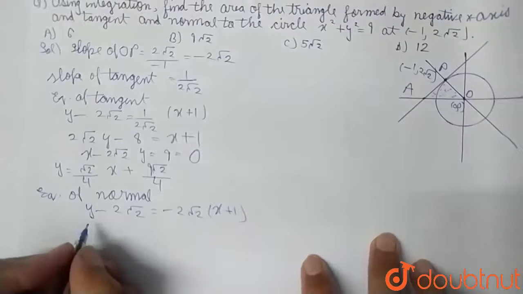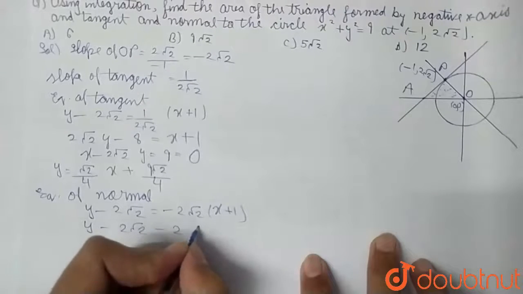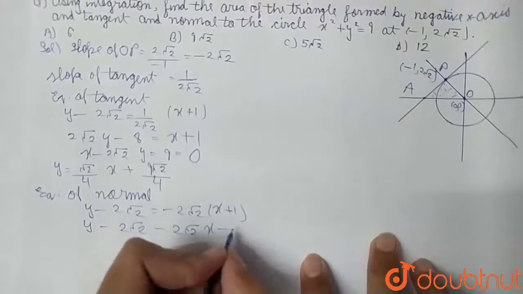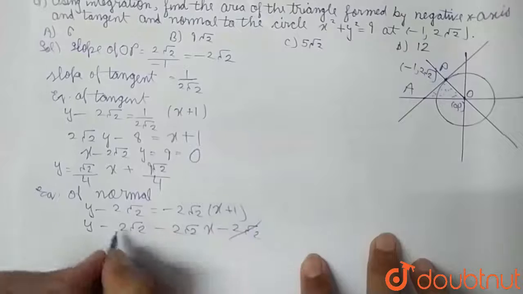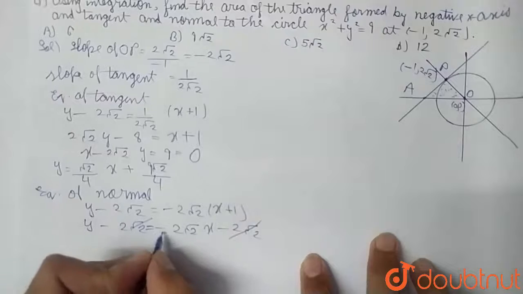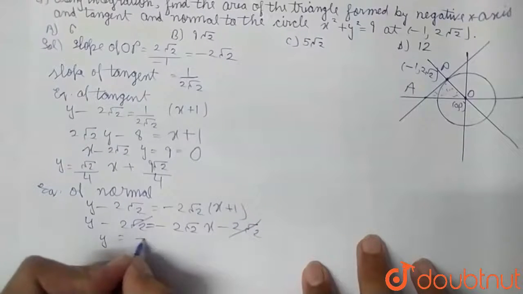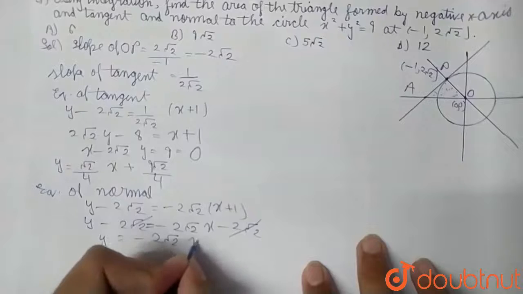This gives y minus 2 root 2 equals minus 2 root 2 x minus 2 root 2. The constants cancel out, so our equation is y equals minus 2 root 2 x.